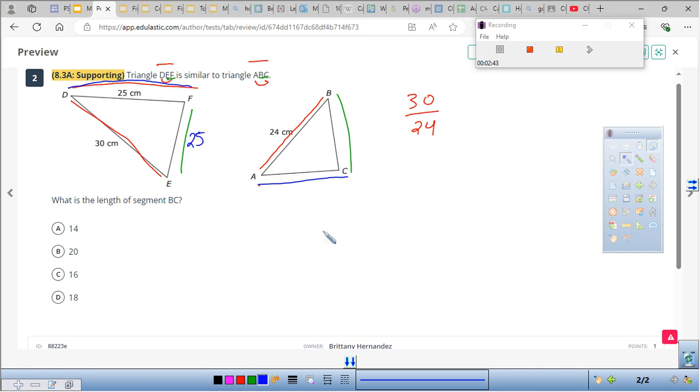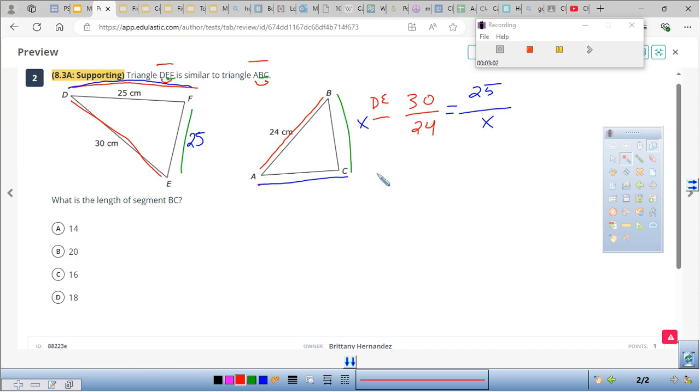So now we can actually work it out. I'm going to go with 25 over here, going to BC, which would be X. Then we go back and look at the list. DE goes to AB.